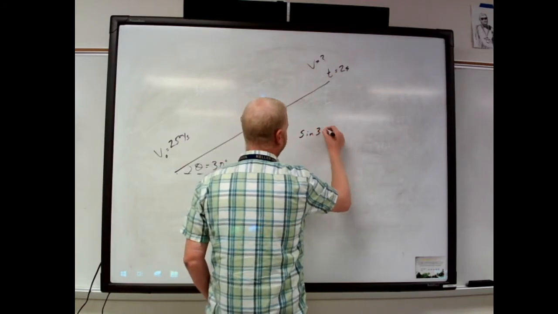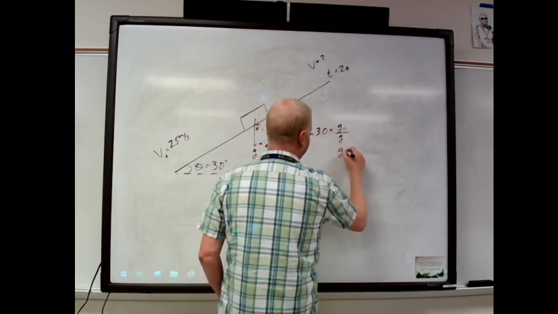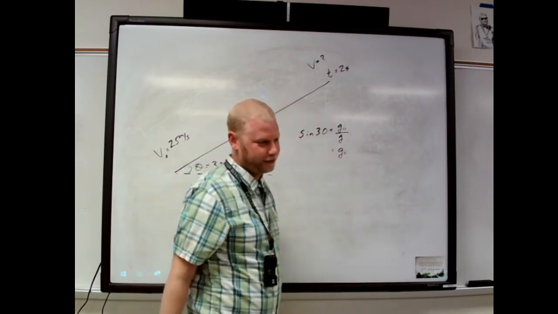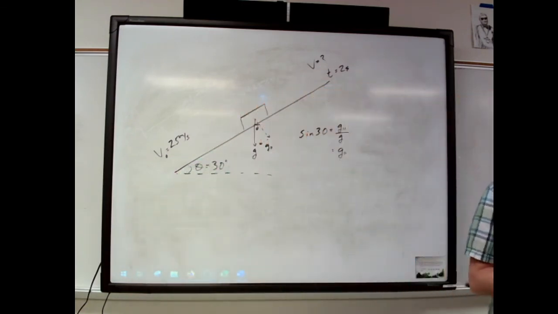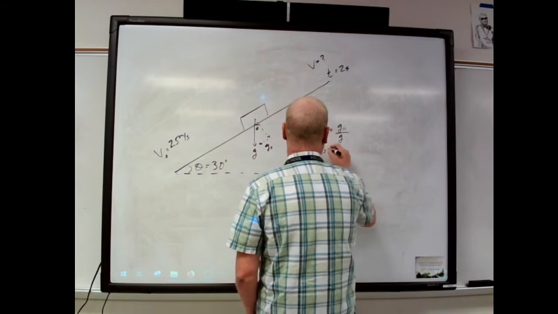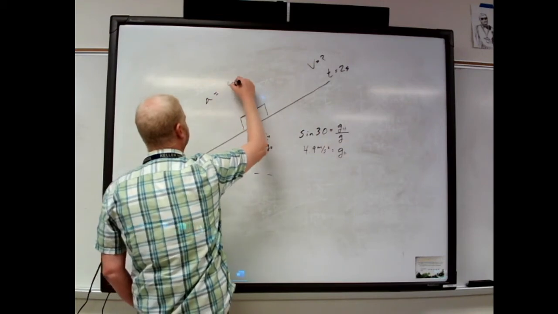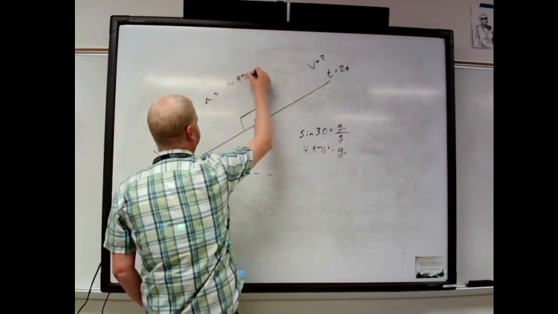The sine of 30 is equal to opposite over hypotenuse. So 9.8 times the sine of 30 gives us 4.9 meters per second squared. So we know that our acceleration has a magnitude of 4.9 meters per second squared.